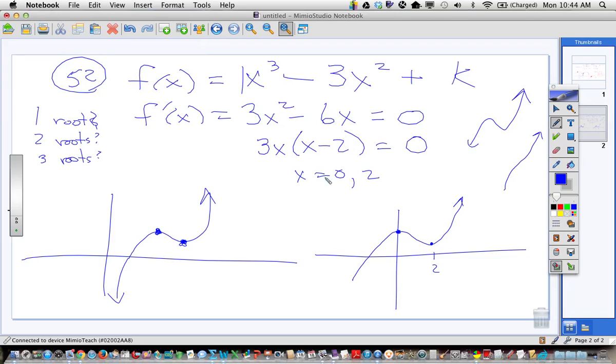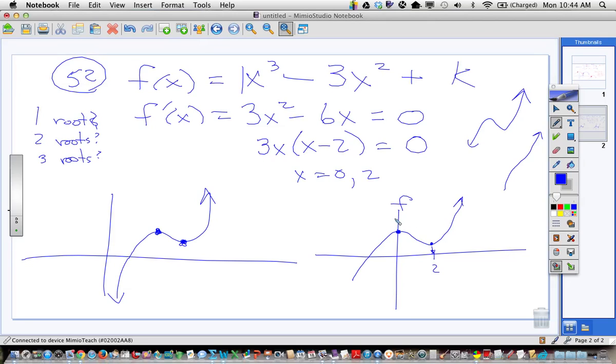Okay, so now what I want to have happen is I want to find when this is just touching there. How can I find that? When will this bounce? When will this touch? How would I do that? Remember, this is the F graph I'm drawing. Put 2 into the F graph. Right?